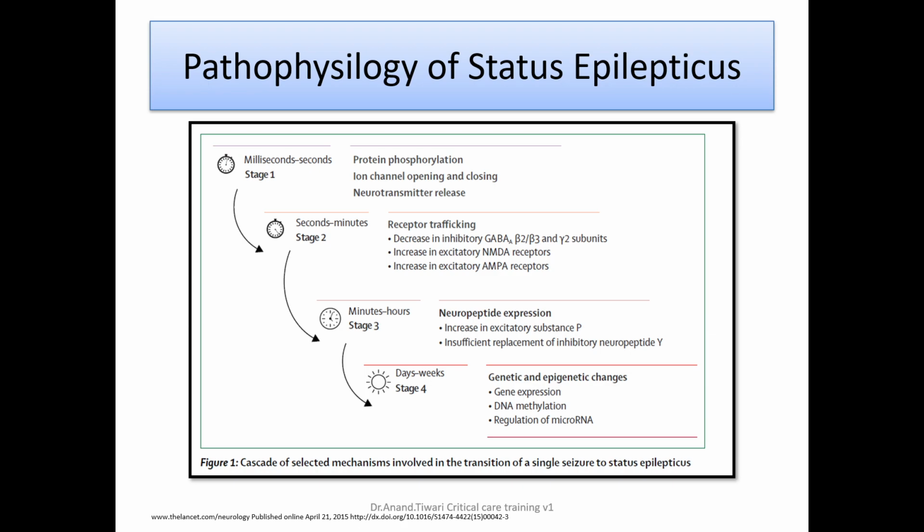So there is a failure of the endogenous mechanism to terminate the seizure, like a decrease in the activity of gamma aminobutyric acid, which is inhibitory, as shown here, or an increase in the excitatory NMDA or AMPA receptors, and this moves from stage 1 to stage 2, stage 3, and later on to stage 4. These neuropeptide expressions and complex mechanisms have been demonstrated equally in non-convulsive status epilepticus in various animal models.